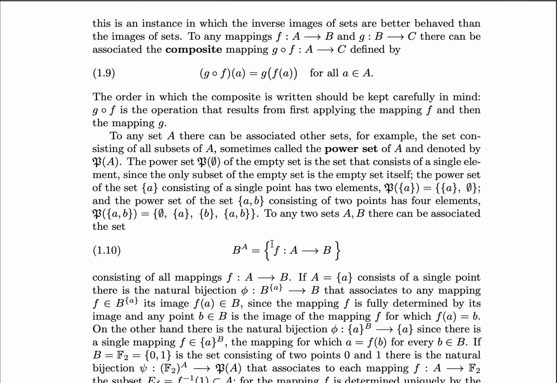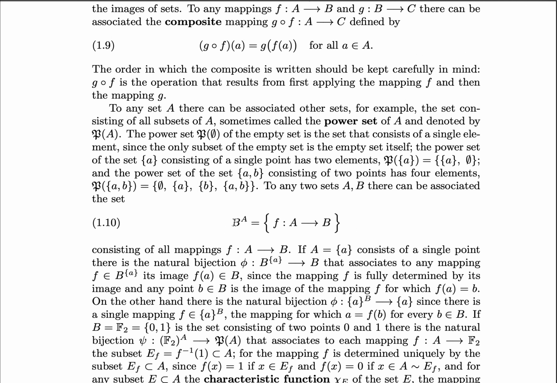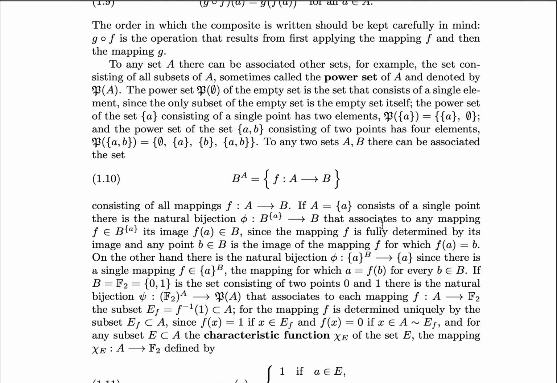Namely, between any two sets A and B, you can associate the set B^A, which is the set of all mappings f from A to B. If, for instance, A consists of a single point, then there's a natural bijection phi between the set of all mappings from that single element to the set B and the set B itself, that associates to any mapping f in B^A its image f(a) in B. To describe that in more detail, we note that any element in this set is a mapping f that sends a to some element of B, namely f(a).